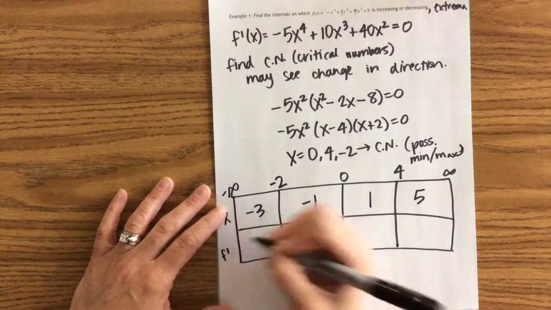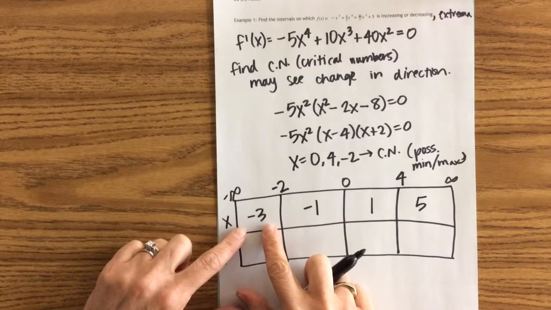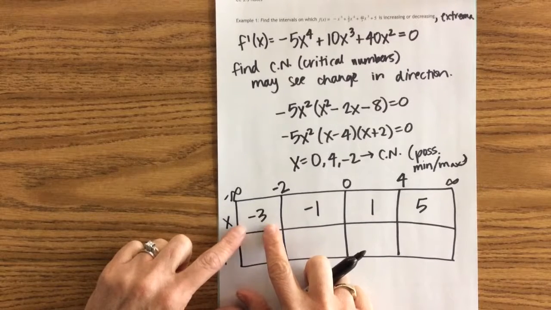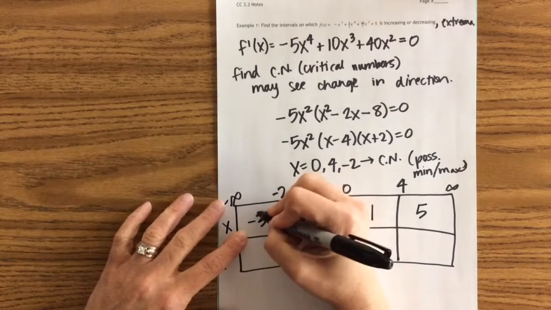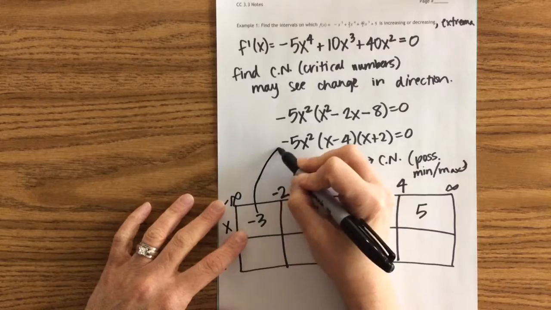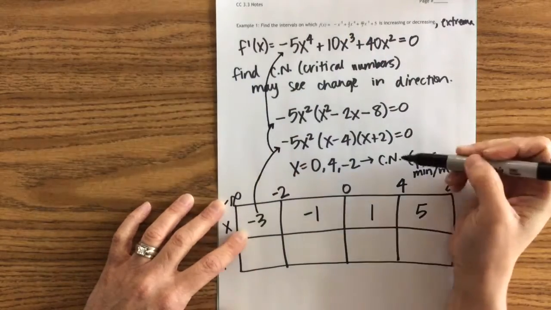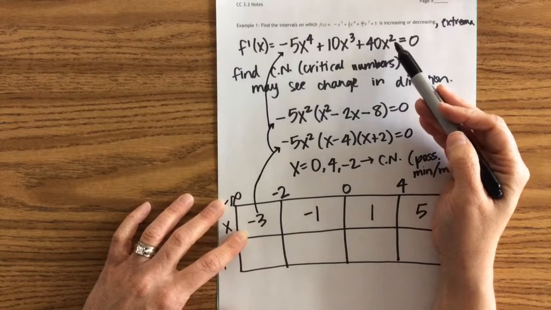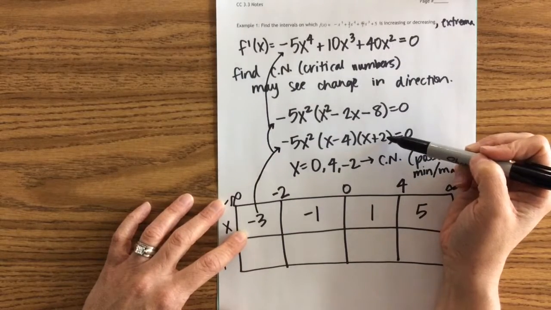Now I'm going to do my first derivative testing. And that means you want to know what is the first derivative at negative 3. Is it positive or is it negative? So what I'm going to do is take negative 3 and plug it in. My first derivative is here, or it was here, or it was here. You can plug it into any of these versions of the first derivative. I prefer to plug it in here because I think my numbers are easier.